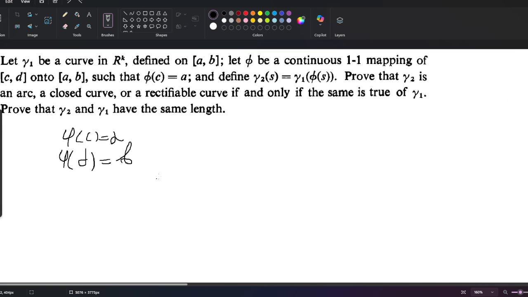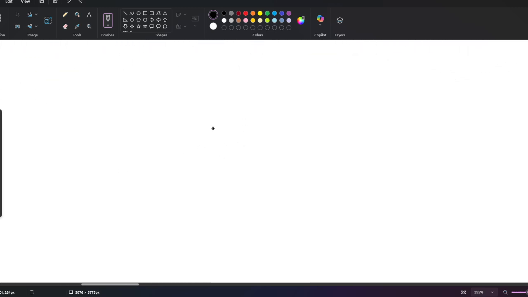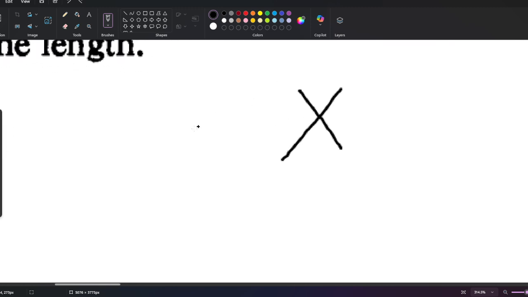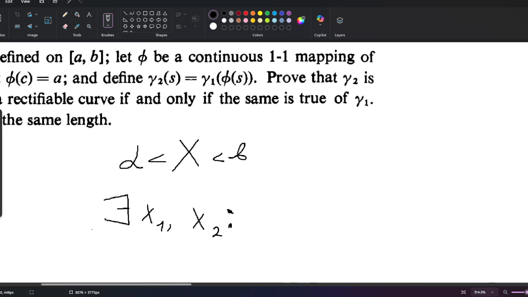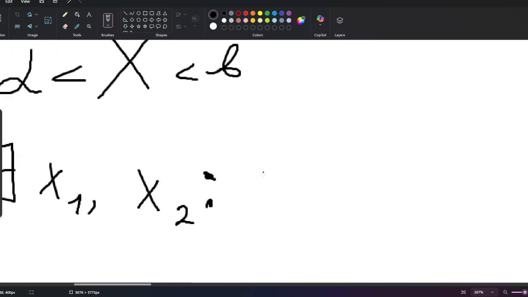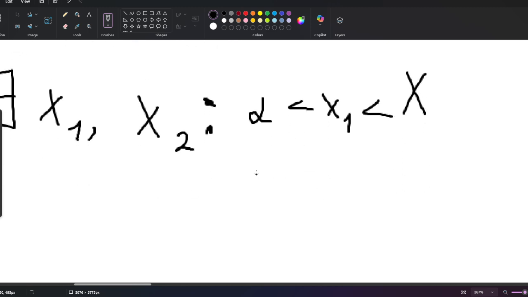Well, suppose we have some number capital X, and suppose it lies between A and B, and suppose that there exist x1 and x2 such that x1 lies between A and capital X, x2 lies between capital X and B.